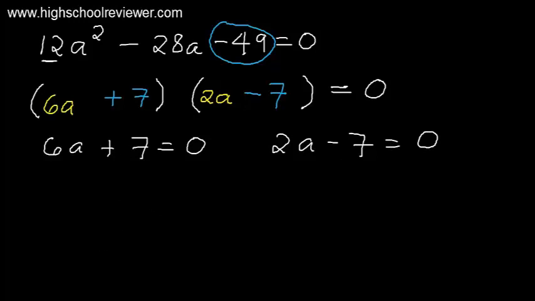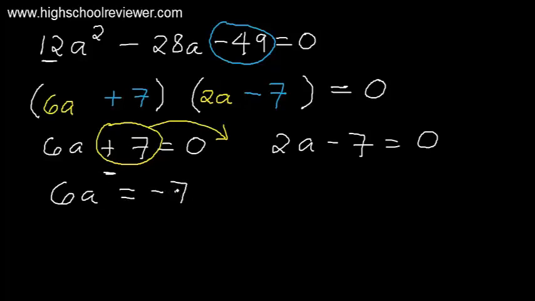So to solve for a, we need to transpose positive 7 to the other side. So transposing, what will be left on the left side will be positive 6a. And if we transpose positive, it will change sign. This will become negative 7.